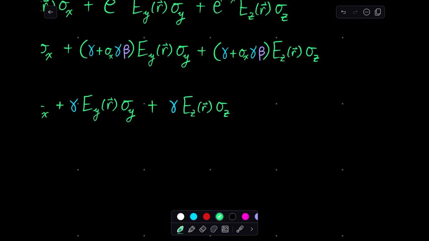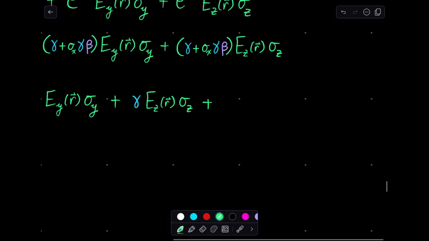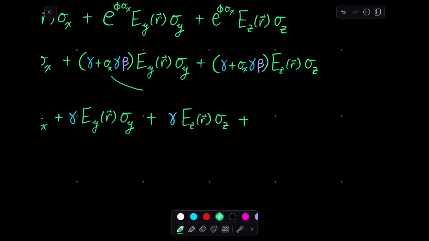And then there are going to be the bivector terms. So in this one we'll end up with sigma xy. So we'll end up with ey here, but then it'll be gamma times beta. So we end up with that.